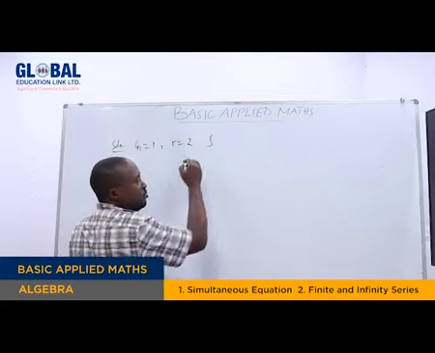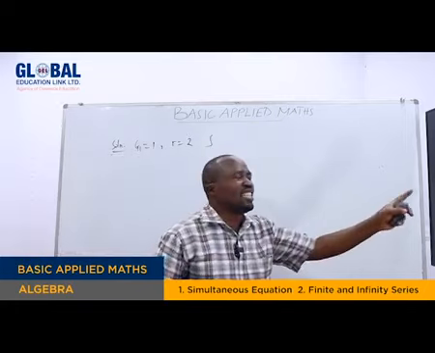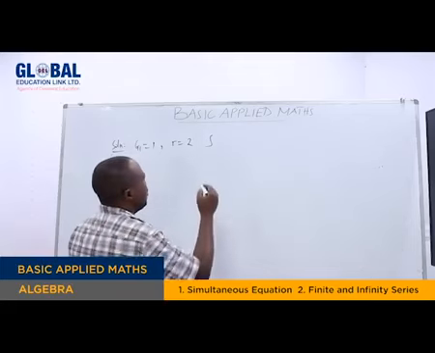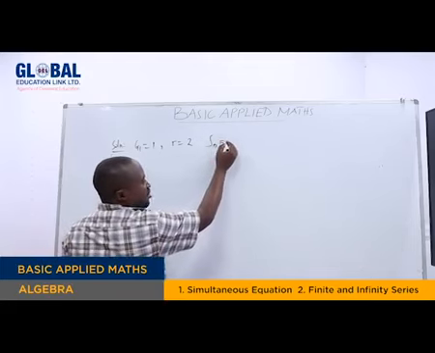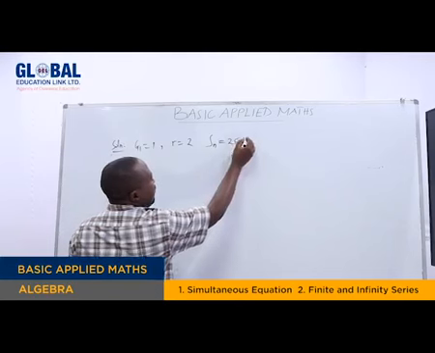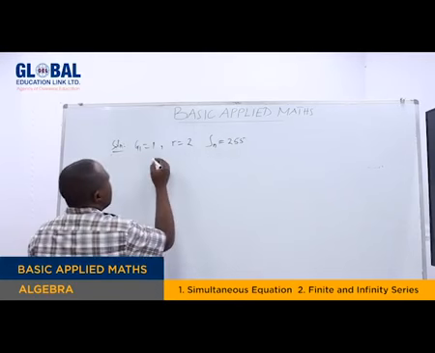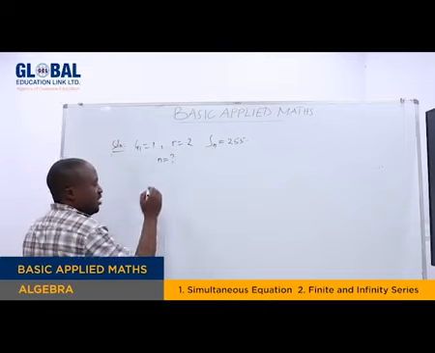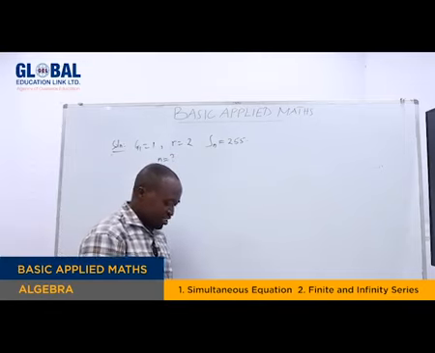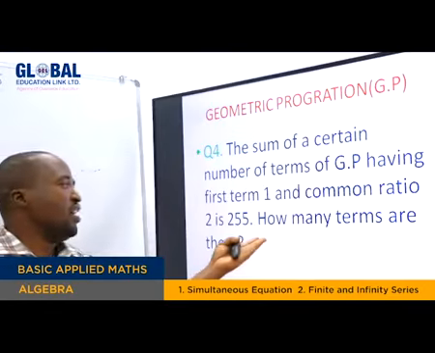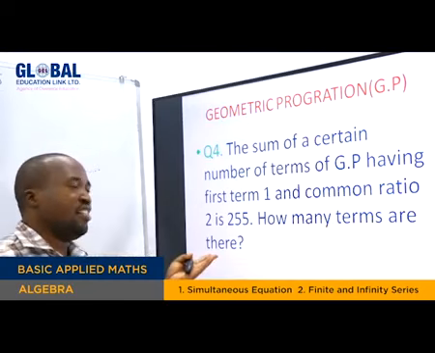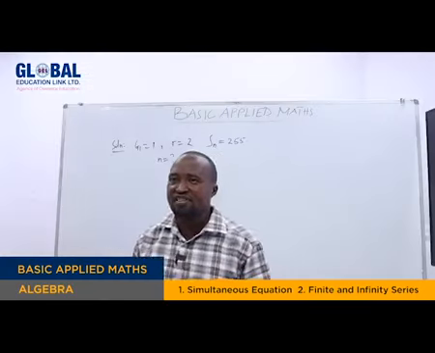We have the sum of a certain number of terms, the number is unknown, so call it N. This is equal to 255. So what is missing is N. The question says, how many terms are there? That means we are going to find the value of N.